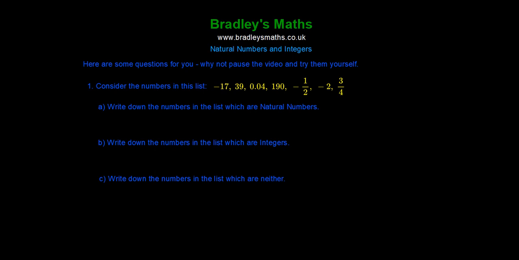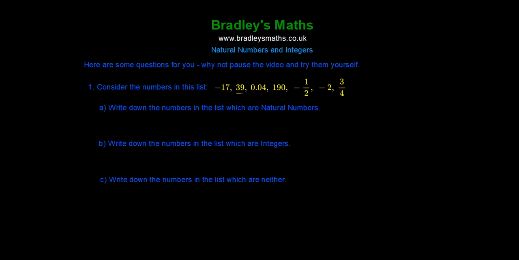Well, there's one of them, 39, and there's another one of them, 190. So we write down 39 and 190. And that's all we do there. Write down the numbers in the list which are integers. Well, the integers, you've got 39 and 190 already.